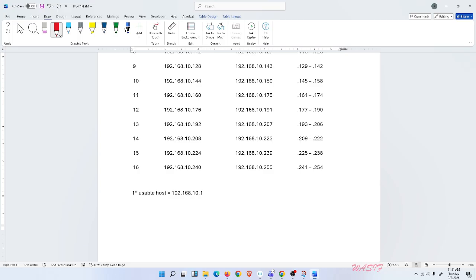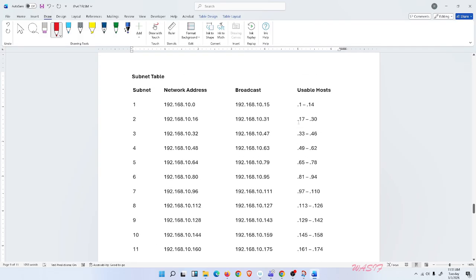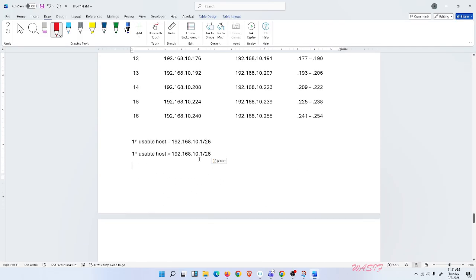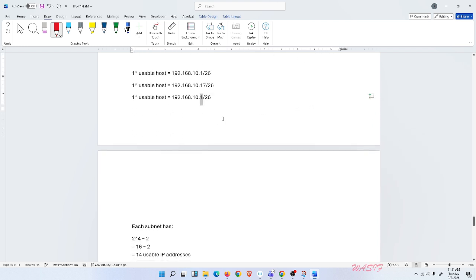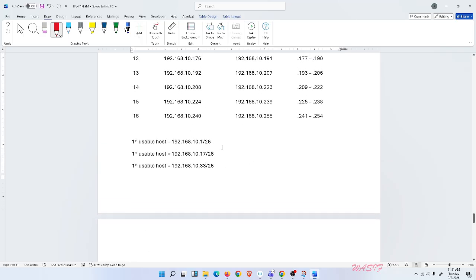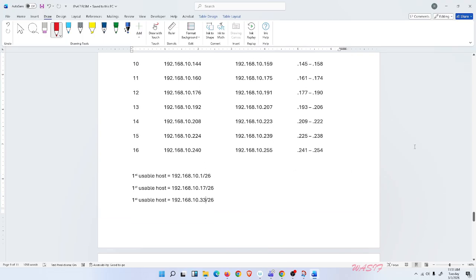This is the first usable host for the first network. Again, if I come to the other network here, the first usable host for the second one is .17. Again, the first usable host for the third one is .33. They are in different networks, so they are the first usable hosts from different networks.